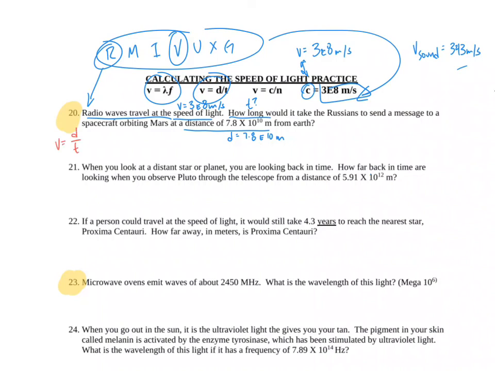So now I plug in what I know. Velocity is the speed of a radio wave, which is the speed of light, which is 3 times 10 to the 8th. The distance of the spacecraft around Mars is 7.8 times 10 to the 10th. And the time is unknown. So time is in my denominator, so now all I have to do is cross multiply.